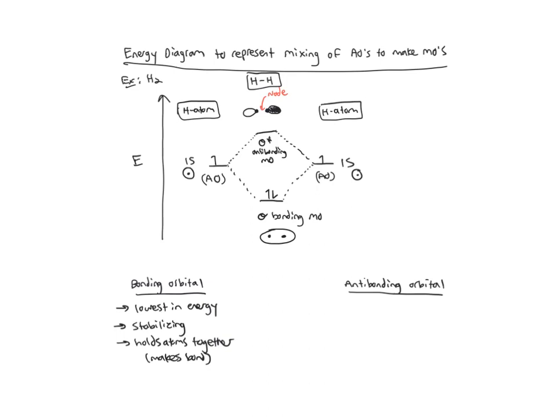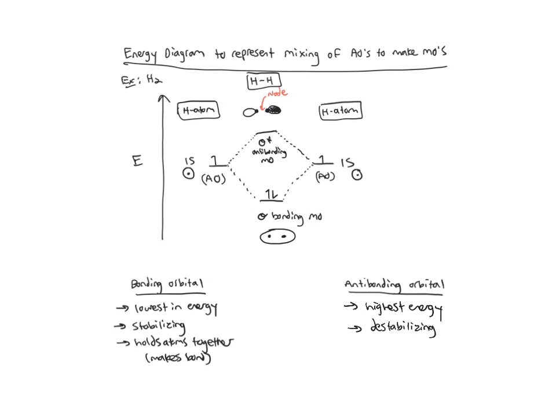For the antibonding molecular orbital, this is still important. Although the electrons aren't in it for the bond, it does become important if we want to actually break bonds, which we will be talking about later in our reactions. This particular orbital in this case is the highest energy, and putting electrons into this orbital is destabilizing.